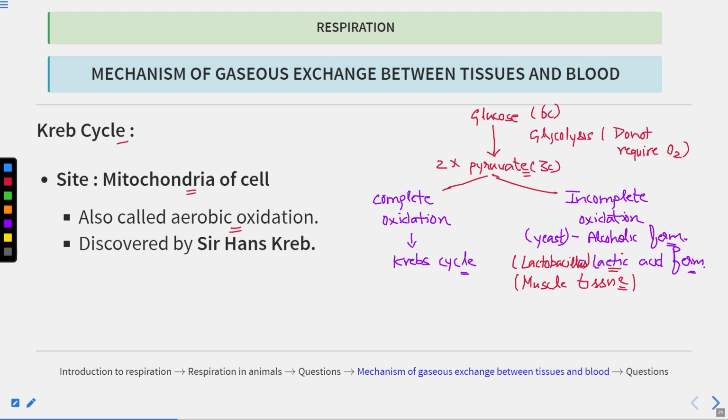Now the Krebs cycle, the name is derived from the name of the discoverer, Sir Hans Krebs. Sir Hans Krebs discovered this cycle, and on his name, it is given the Krebs cycle.